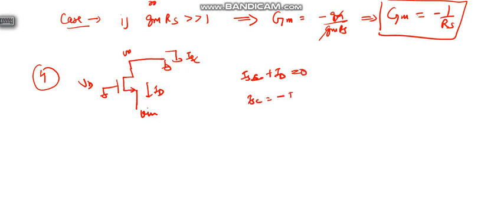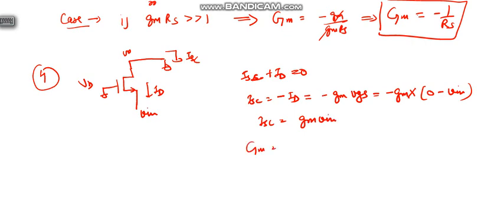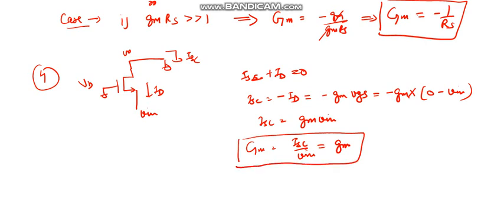ISC equals minus ID equals minus Gm VGS, and VGS is 0 minus V in, so ISC equals Gm V in. So Gm is given by ISC upon V in equals Gm. So here Gm is coming as positive. This kind of configuration is common gate configuration.